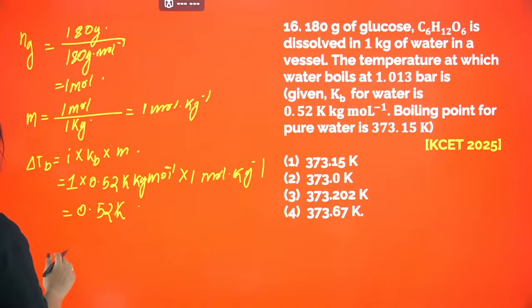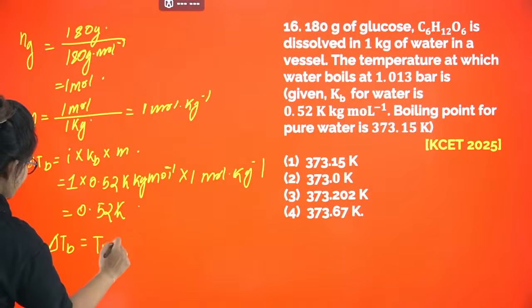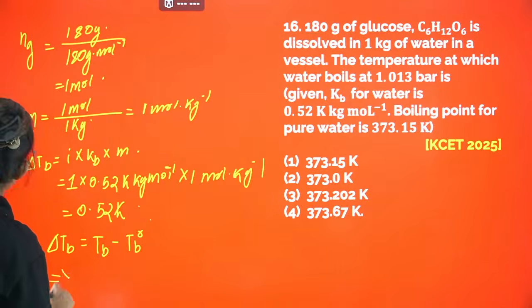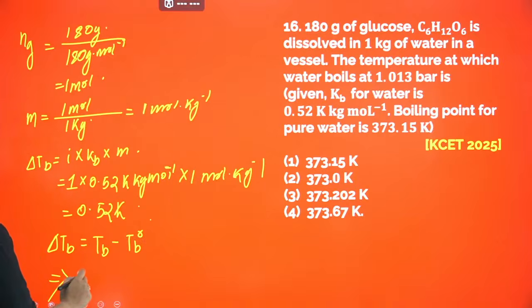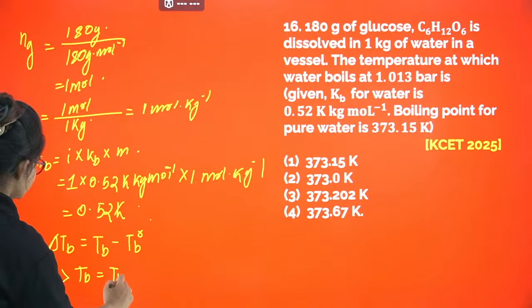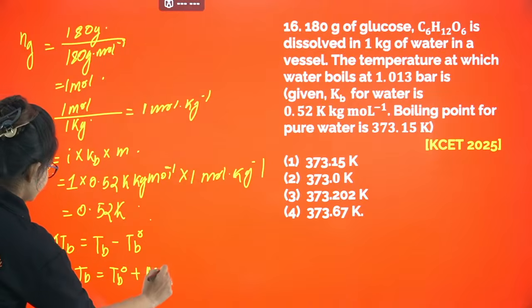We know delta TB is TB minus TB naught. From here I have to find TB, so TB equals TB naught plus delta TB.